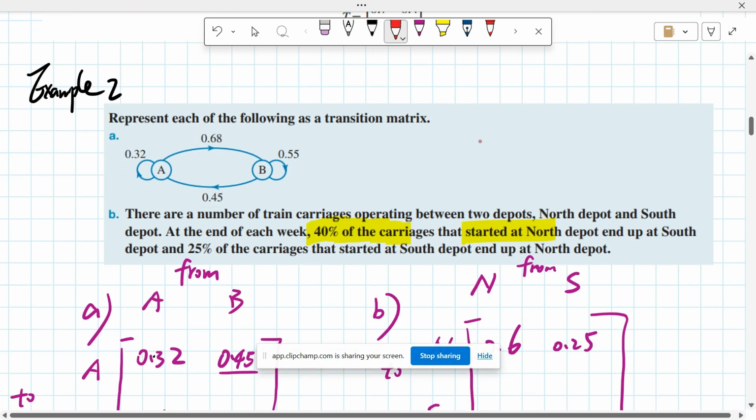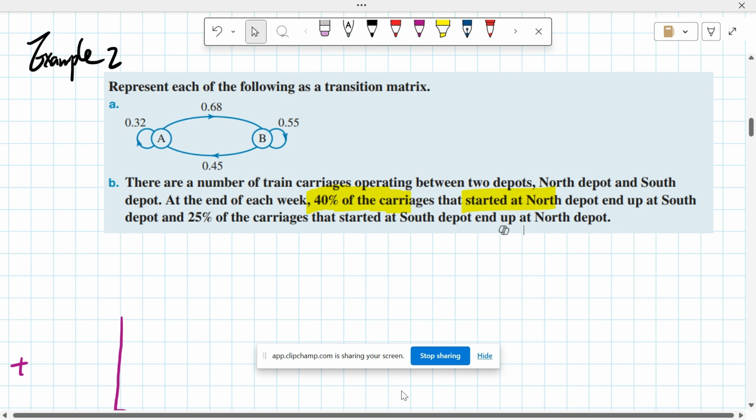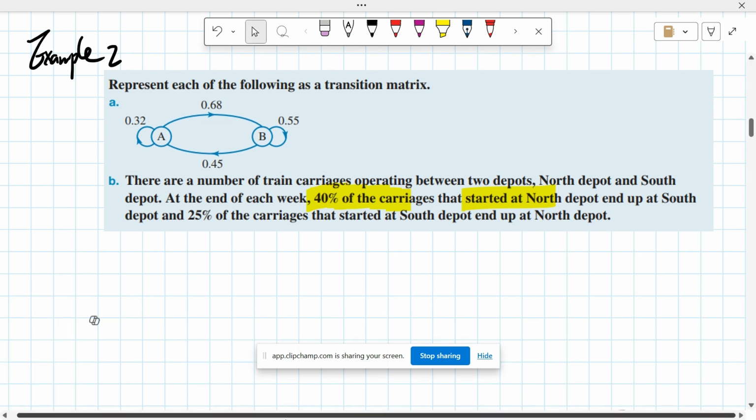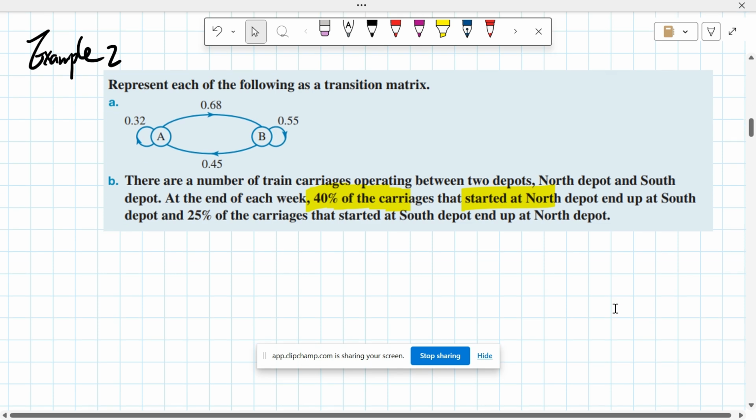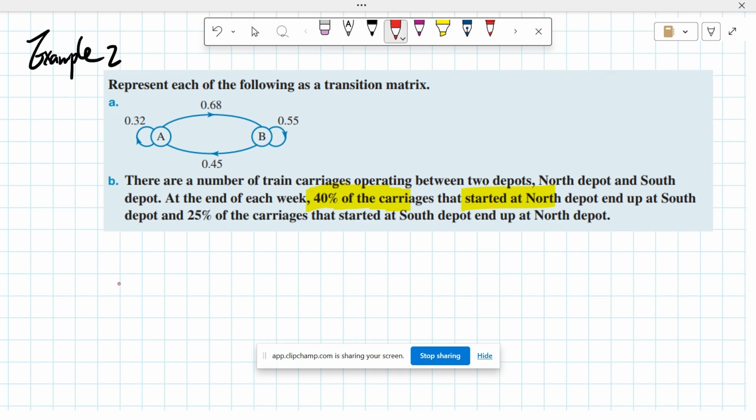Let's have a look at what we have here. I'm going to show you how to create a transition matrix from the word description and the diagram. Always remember, you don't have to write from and to once you're used to it.